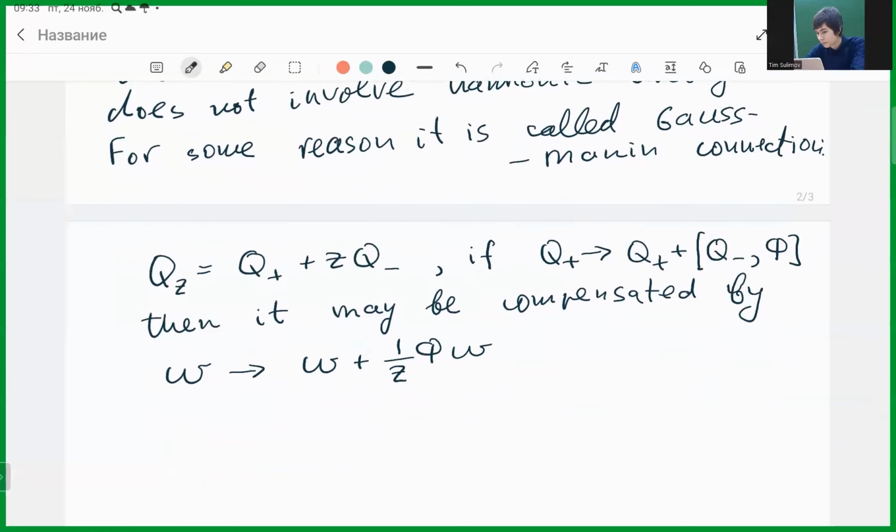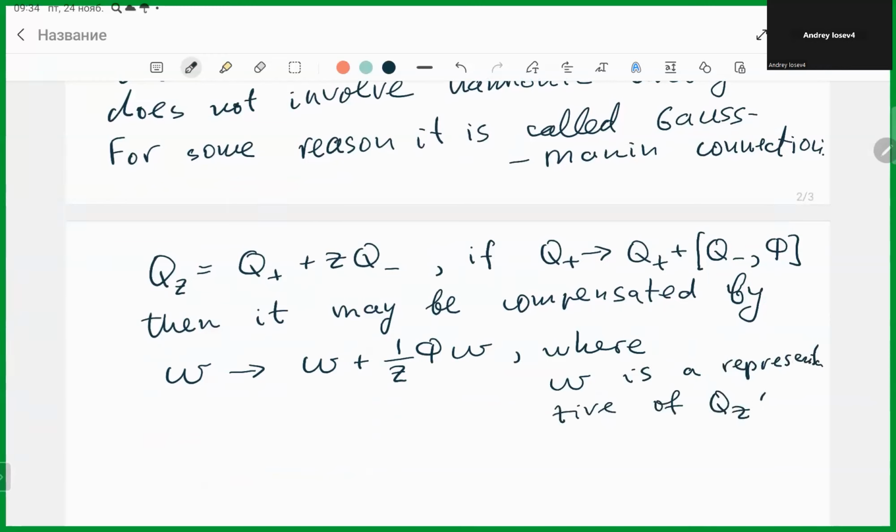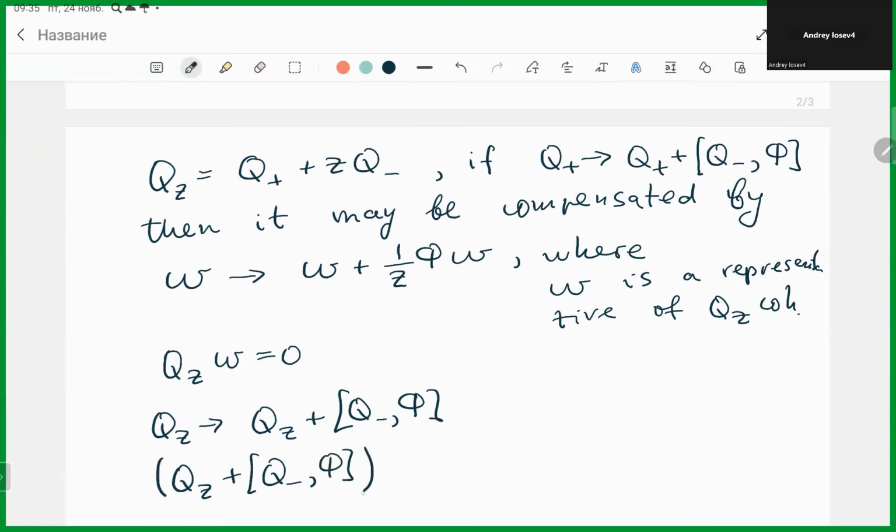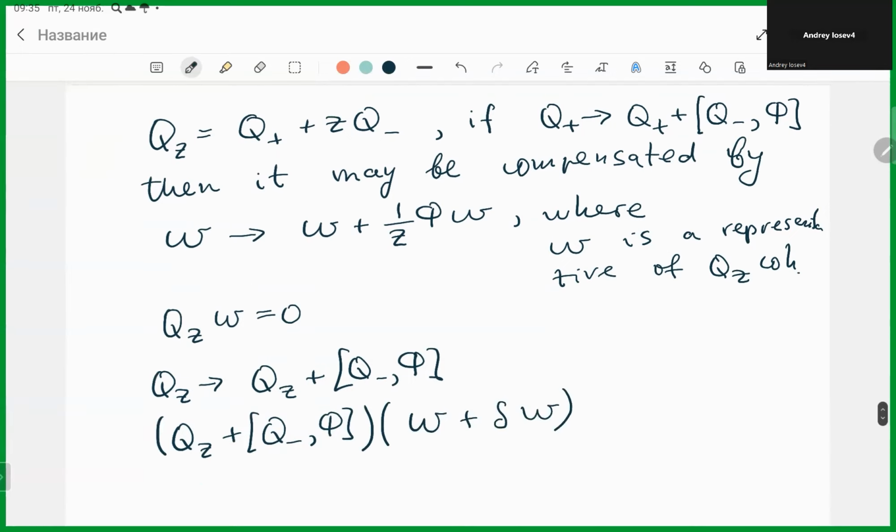Omega is a representative of Q_Z cohomology. So let us assume that Q_Z omega equals 0. Now I'm changing Q_Z to Q_Z plus Q minus phi, and then let us try to solve: Q_Z plus Q minus phi applied to omega plus delta omega equals 0.